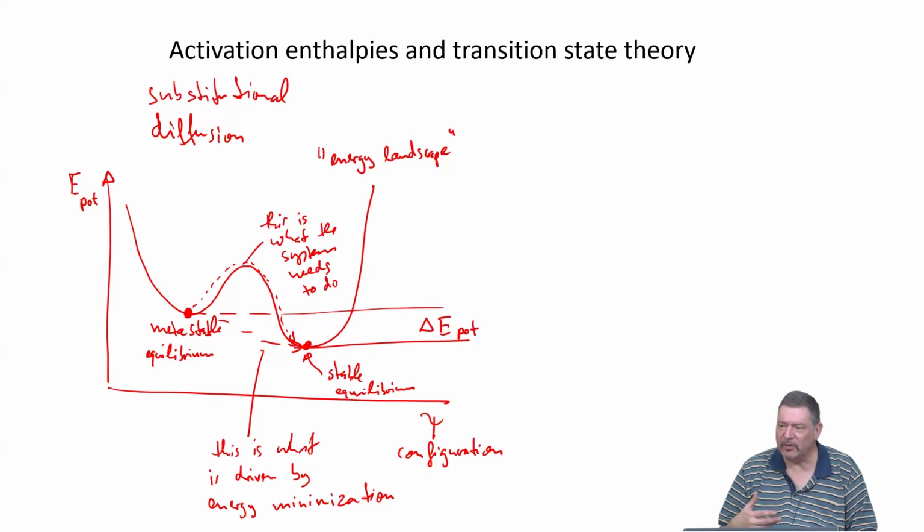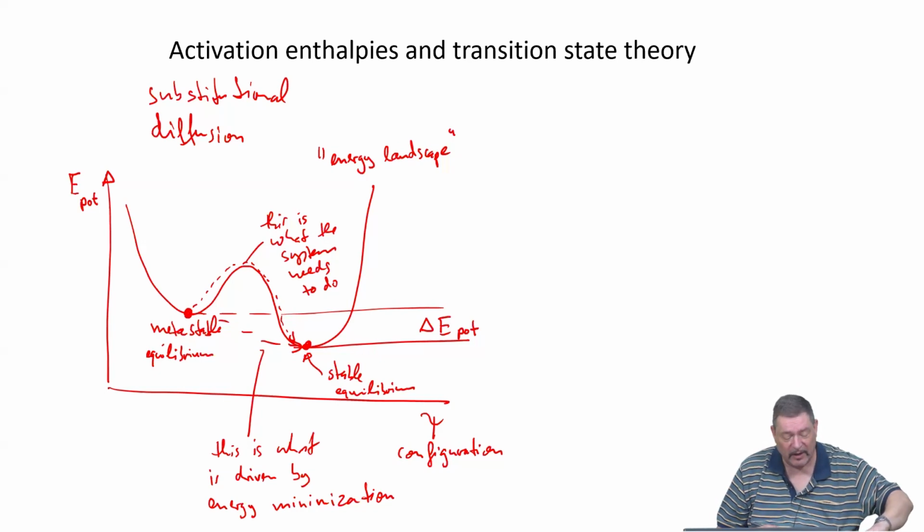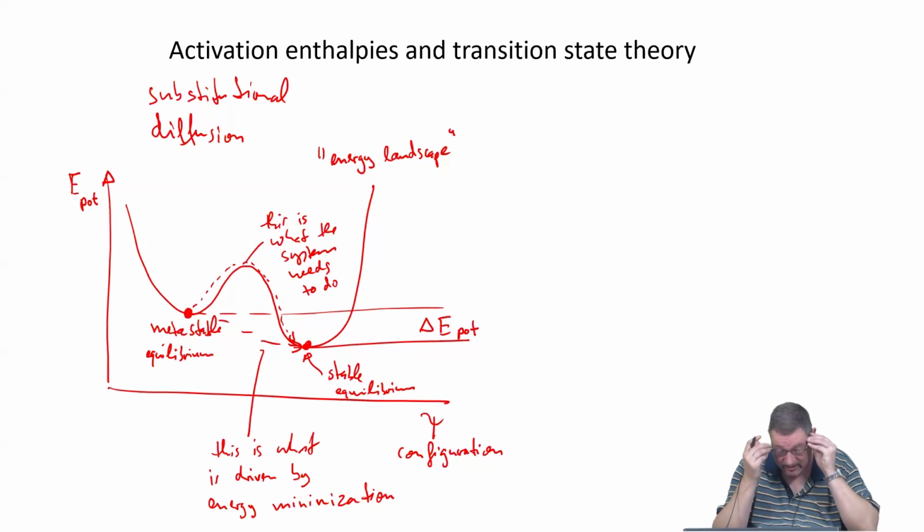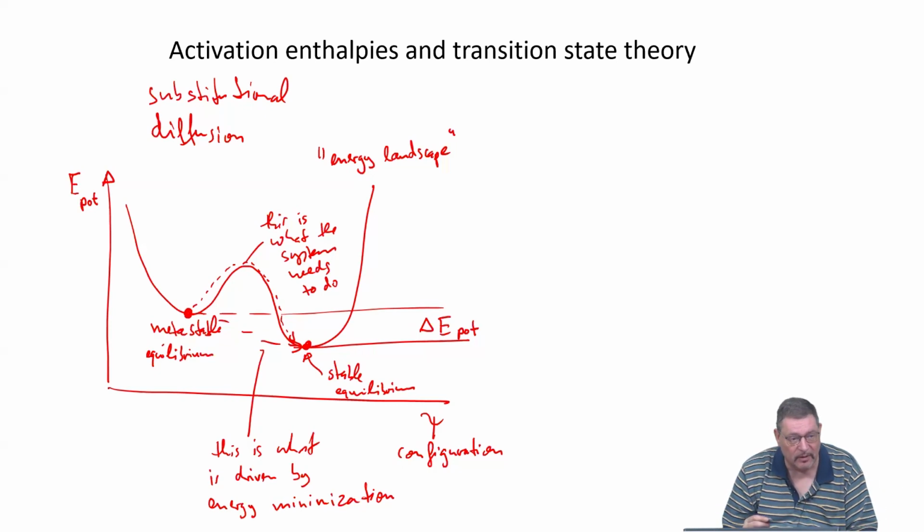But people have adopted this, so it's called the driving force. So the system wants to gain energy, and this is why it is developing in a certain direction. And this delta E here is exactly what is driving the system to go from metastable to stable equilibrium.